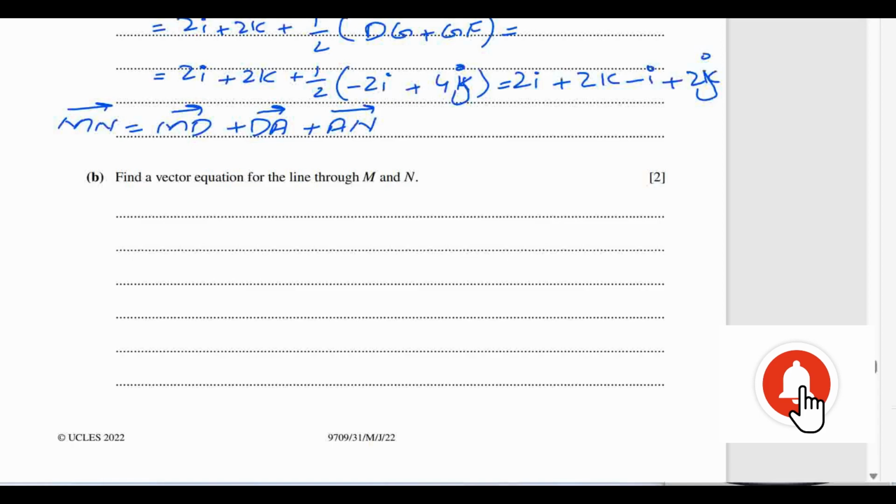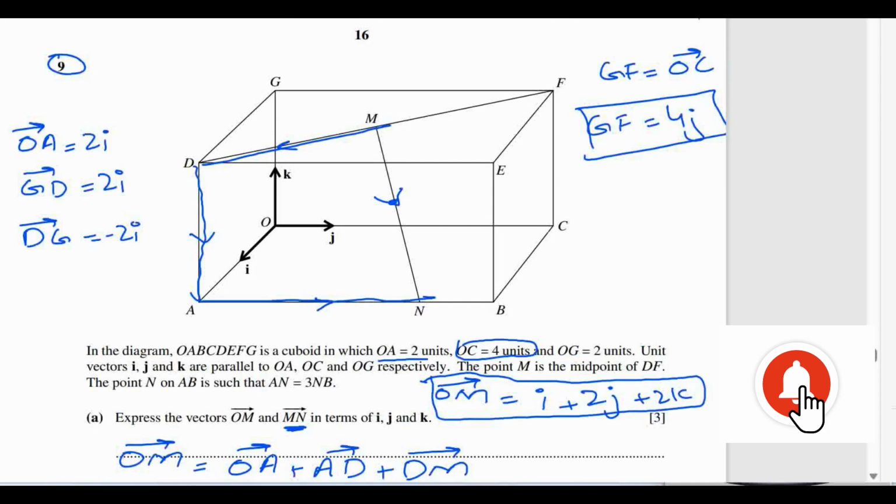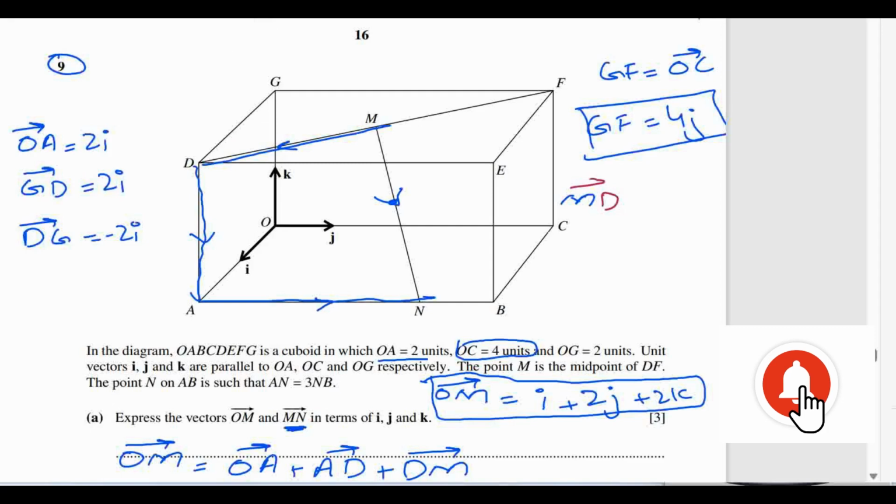What about MD? MD is half of FD, which means MD will be equal to what?